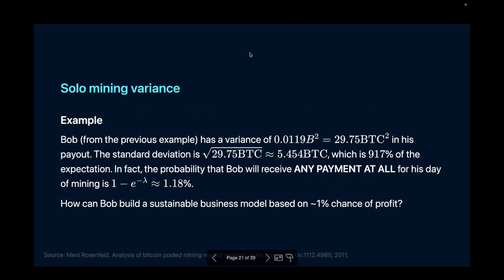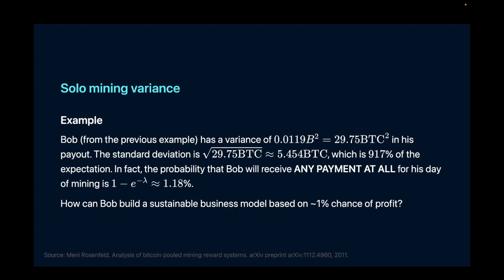So Bob has a variance of 29.75 Bitcoin squared in his payout. The standard deviation is 5.45 Bitcoin, which is almost 1000% of the expectation.